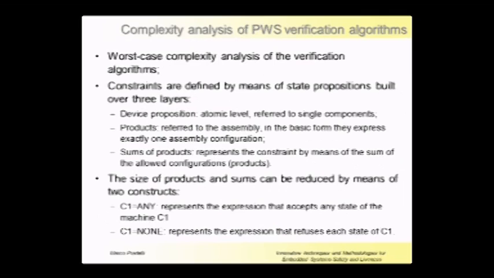Now let's move to the complexity of the part-of state chart verification algorithm. This is a sensitive argument, because when dealing with the verification of state machines, we have the problem of state explosion. That means that the larger the system, the larger the set of global configurations that we need to explore.